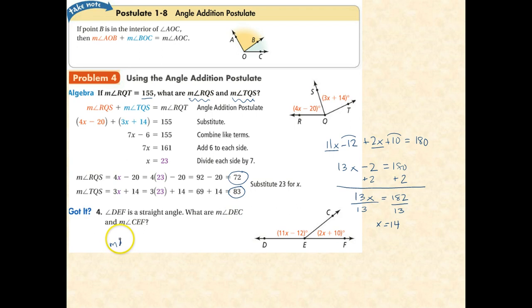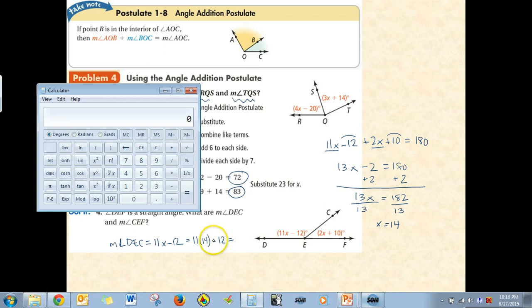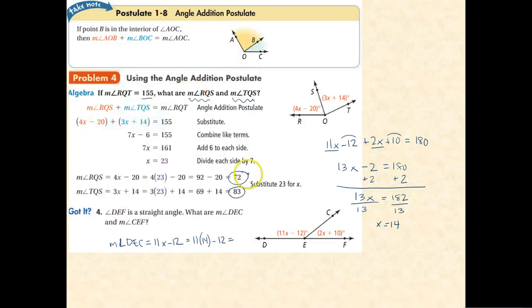So then what's the measure of angle DEC? Measure of angle DEC is 11x minus 12. That's 11 times 14 minus 12, which is 142.